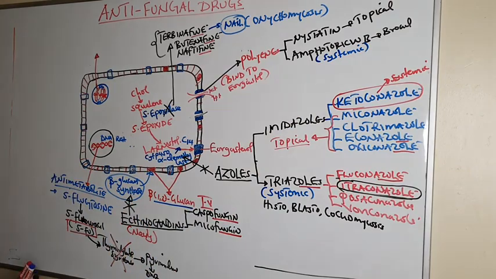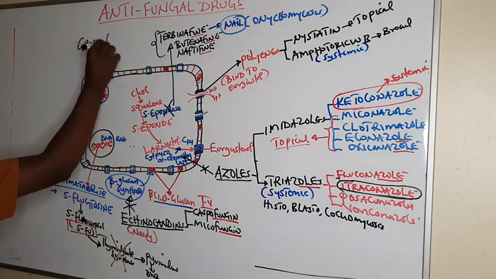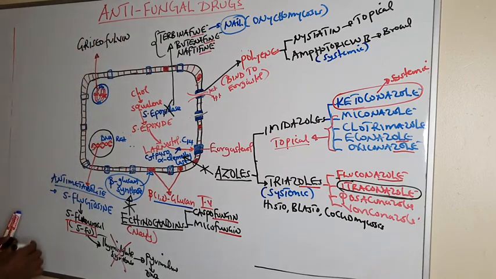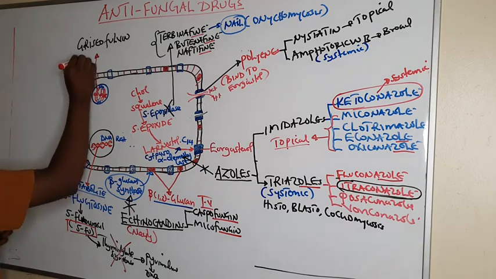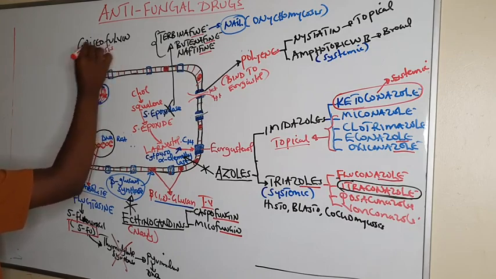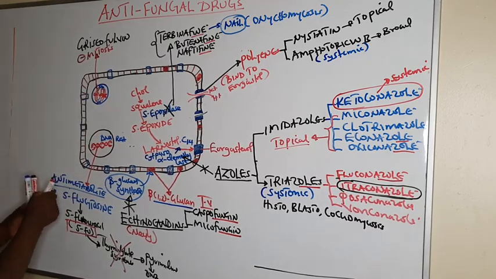Then the last category of the antifungals is griseofulvin. Griseofulvin is the last category, and its mechanism of action is by inhibiting mitosis, that is a type of cell division, by binding to the microtubules.